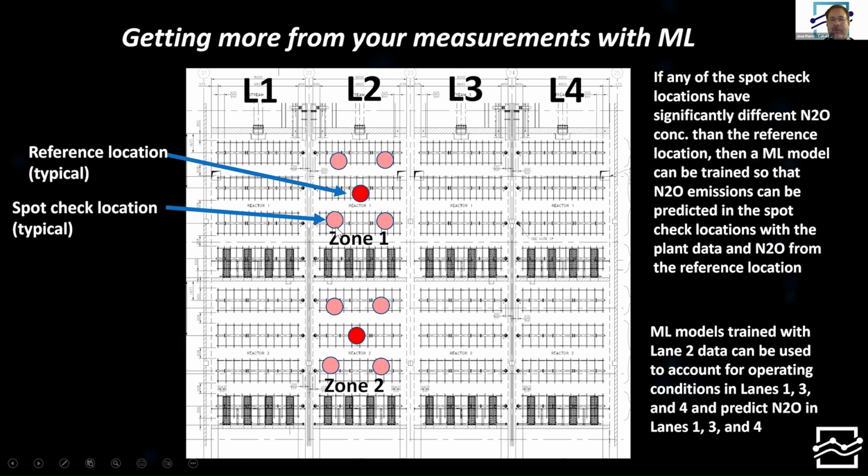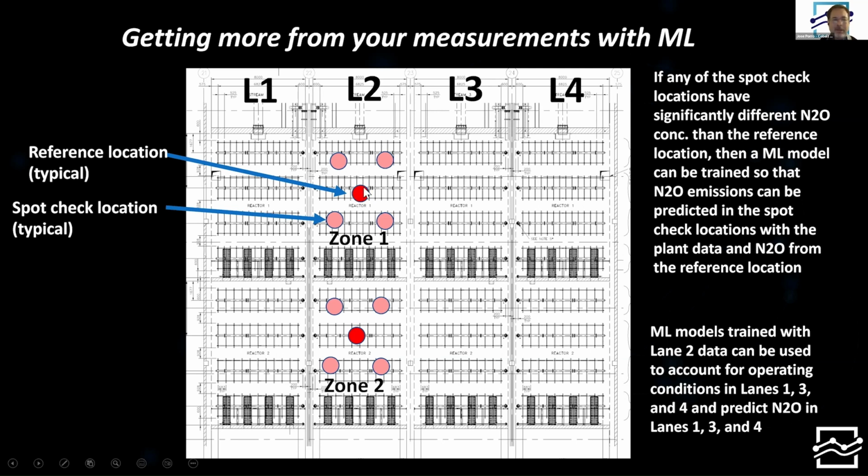Because if we do see any significant differences in any of these locations, and we know we're going to be measuring here at least for some time, we can develop a machine learning model for these other locations based on what is measured at our reference location. And then once we're done with those measurements, we can predict what the emissions are here based on what is predicted here if we're using machine learning to monitor the process after measuring.